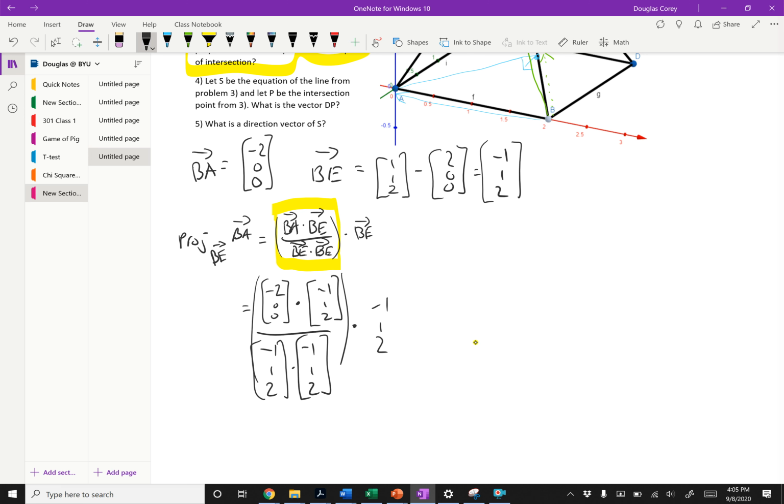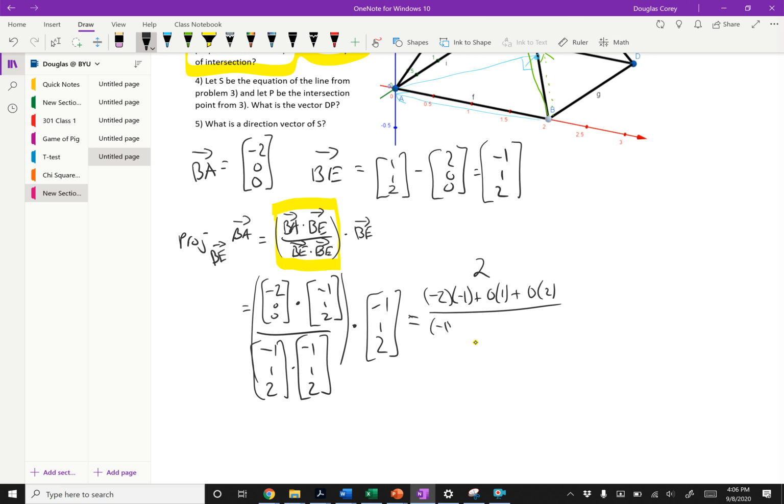So this is just a constant multiplied by this vector, and we end up with a dot product in the numerator. So that's going to be a minus 2 times a minus 1 plus 0 times 1 plus 0 times 2, and that whole thing equals 2.